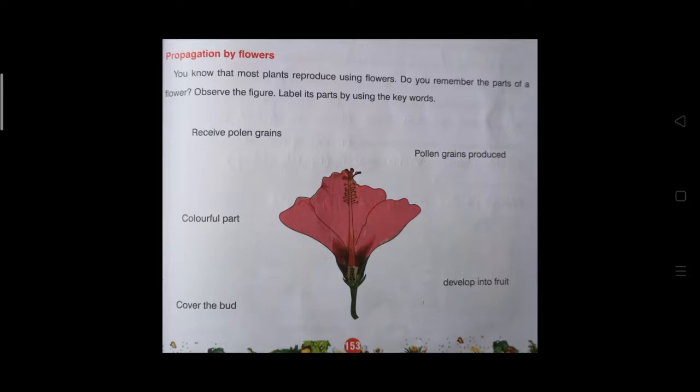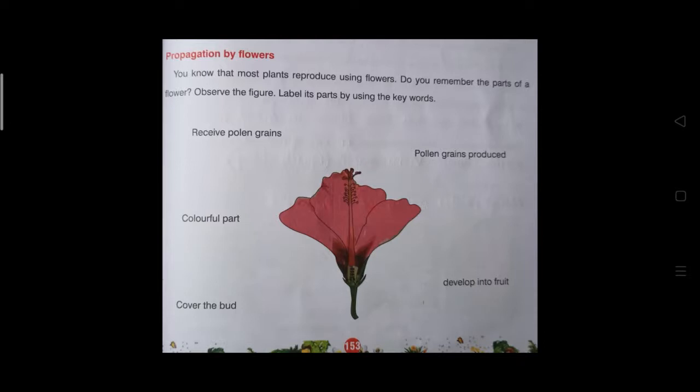Receive pollen grain. Which part of the flower will receive pollen grain? I will give a clue. That is a female part, at the top of the female part, starting with S. You know that pollen grain is coming from the male part, so the part that receives it will be at the top of the female part.